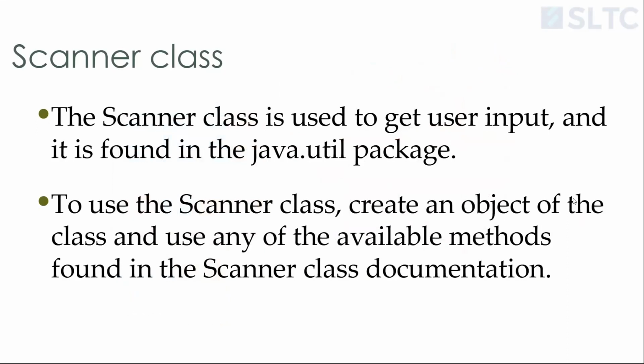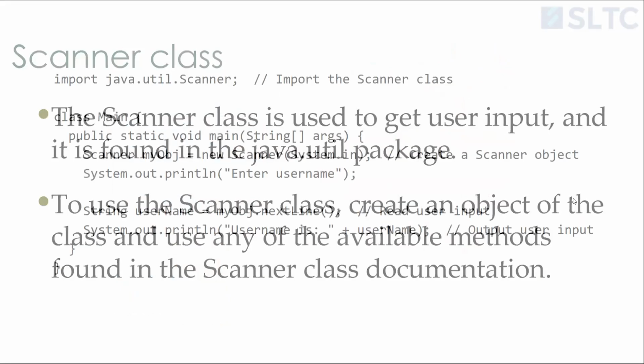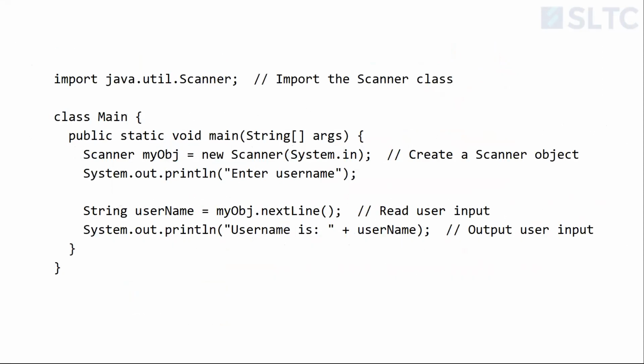So in Java, we use a class called scanner. It's specifically designed to get user input, and it comes from a package called the util package, or utility package, in order to handle our user input. And I hope you remember this code. We need to import our java.util.Scanner library.